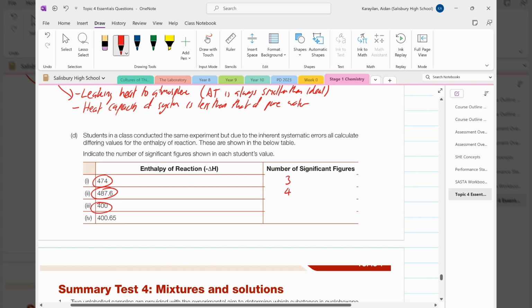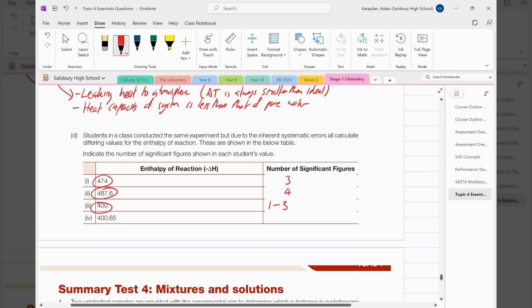Just because we say 400 doesn't make it any less of a value than 399 or 401. So this one here, we're not sure. It could be 398 to one significant figure, could be 400. So this one here is actually going to be 1 to 3. It could be 1, could be 3.